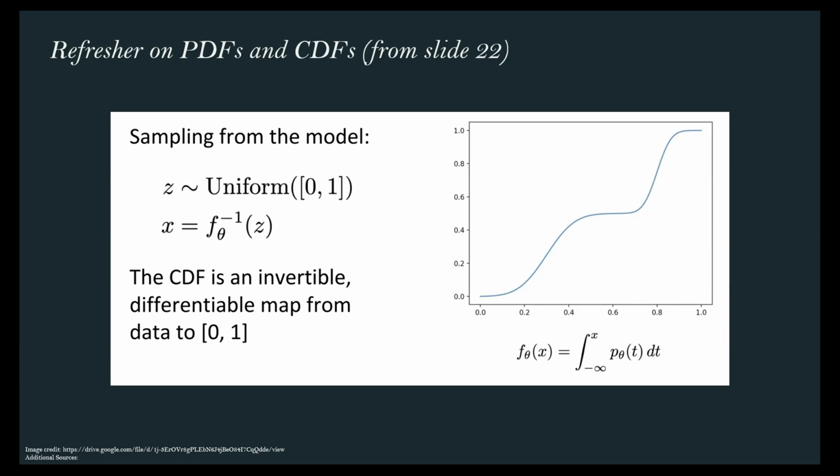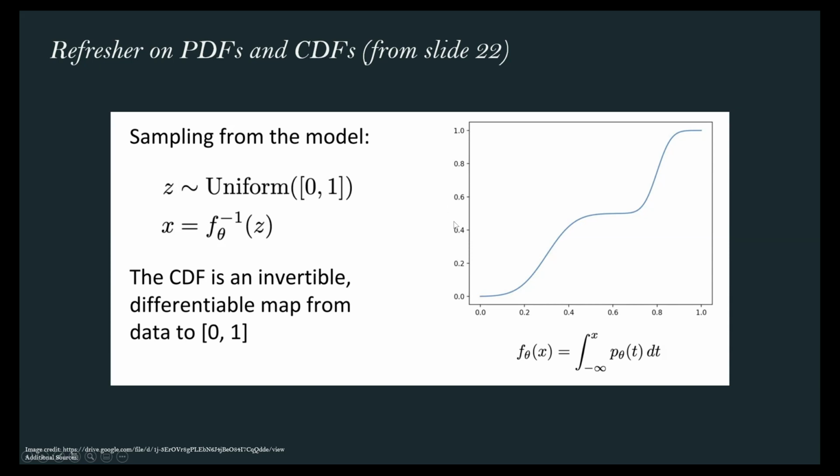You're never going to get above 1, and you're never going to be below 0, because way off in that direction there's no probability mass less than that. Going out to positive, there's no probability mass greater than that. So it has to start at 0 and end at 1.